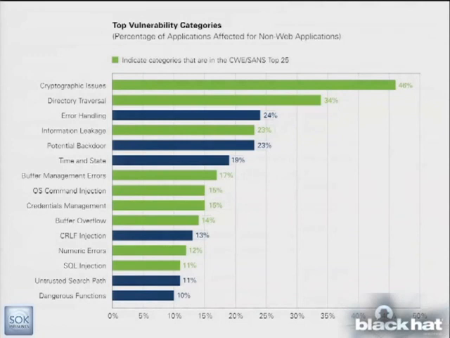This one's probably not as lined up as nicely as the OWASP top 10, but you can see cryptographic issues are very prevalent in non-web applications. One thing that really surprised me was directory traversal, how prevalent that is, because we see that it's not really exploited that often, and it could allow an attacker to read or write potentially any file on the system.